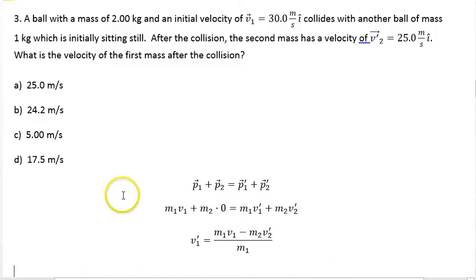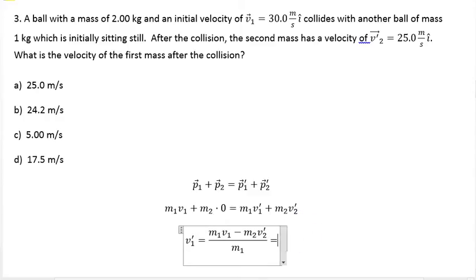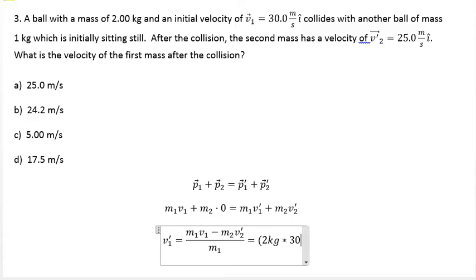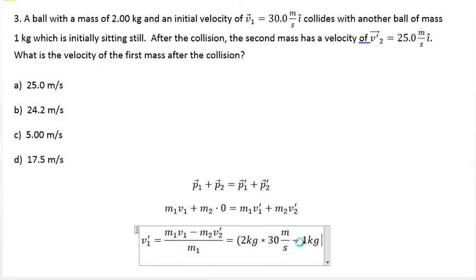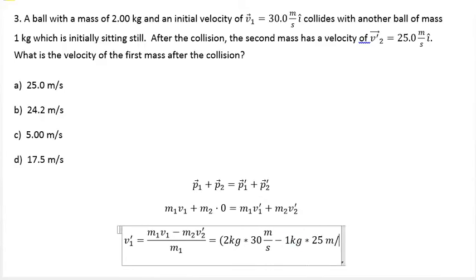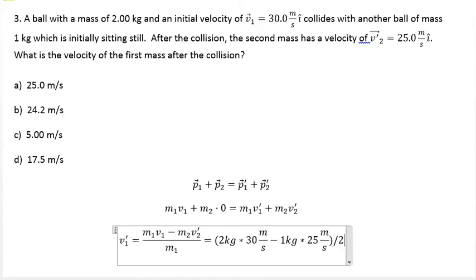Okay. Now it's a matter of sticking in the numbers. So this is going to be 2 kilograms times 30 meters per second minus 1 kilogram times 25 meters per second, all divided by m1, which is 2 kilograms.